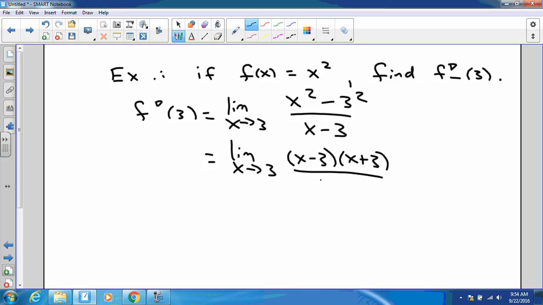And that limit simplifies very nicely, with a slight bit of factorization effort, to give me 6. And since f prime of 3 is 6, using my two-sided theorem, the derivative from the left is certainly 6 also.